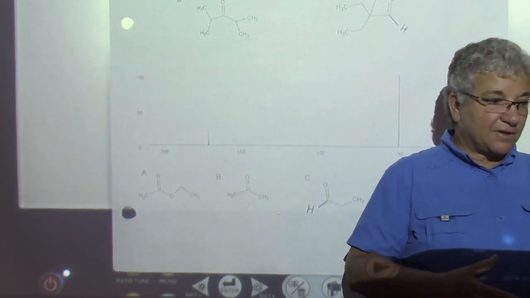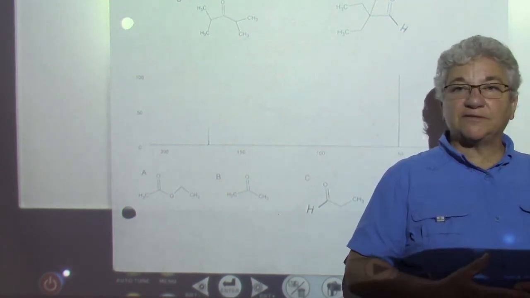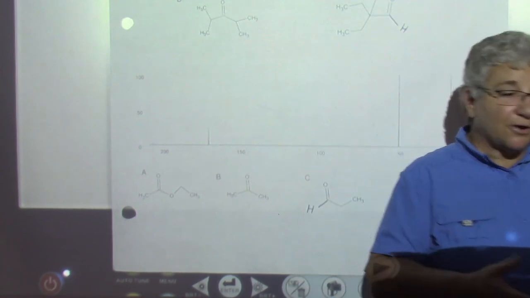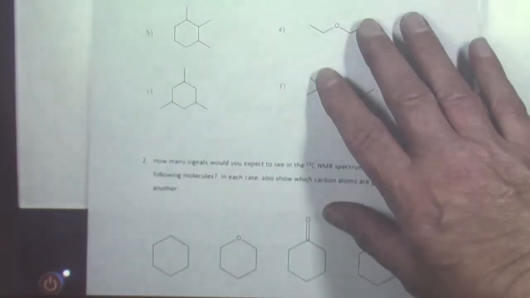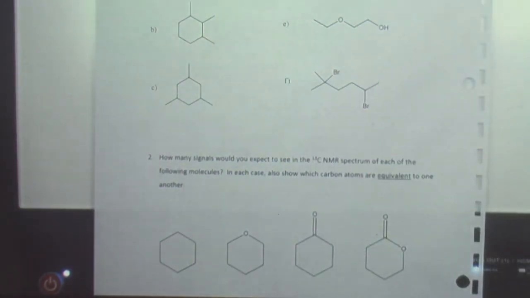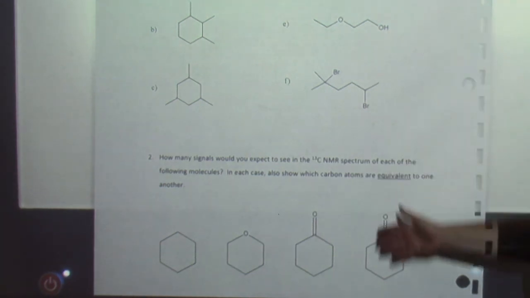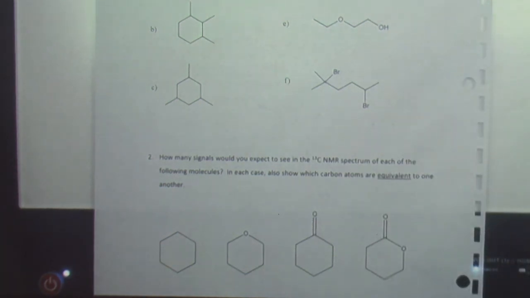So there is an NMR assignment, right? The next page is in your notebook. So it looks like this, C13 NMR assignment. There are 4 questions. So I would like you to go ahead and answer those 4 questions.